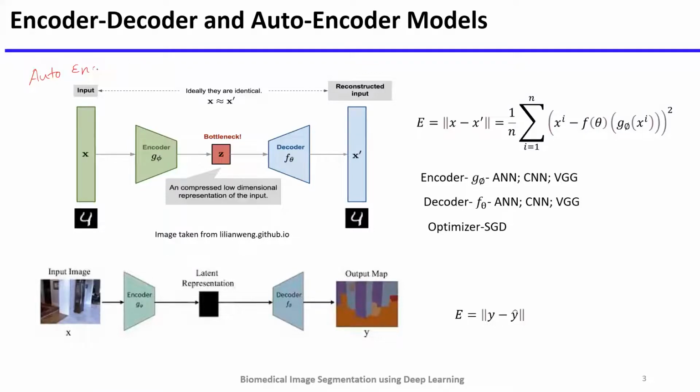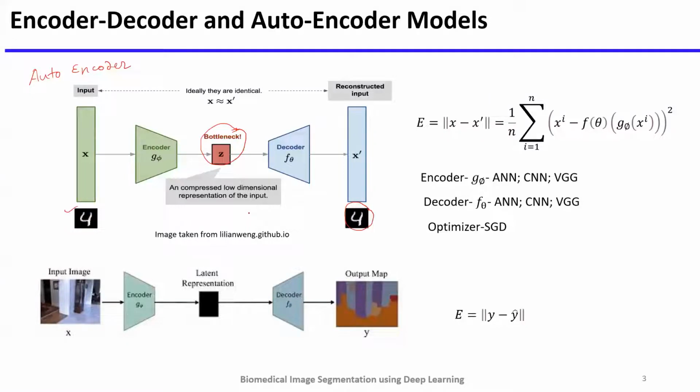The idea of the autoencoder is that if we have an image, can we get a representation for it so that from this representation we are able to generate the same image.